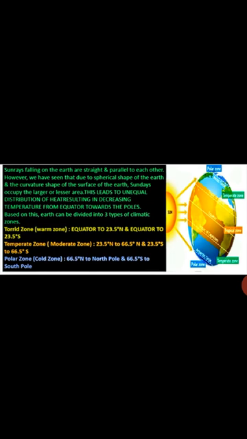Temperate zone means a moderate zone. Okay, understood this much students? I hope you understood whatever I am explaining. See the diagram, then only you will be able to understand, otherwise it will be more confusing for you. Okay students, properly see the diagram and listen carefully to whatever I explain.